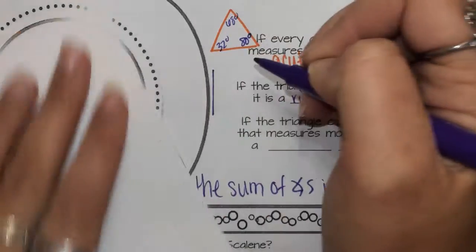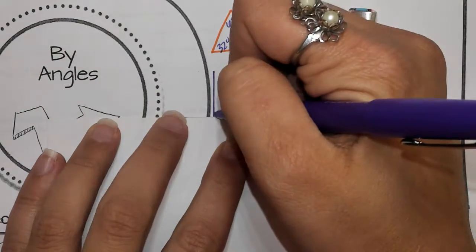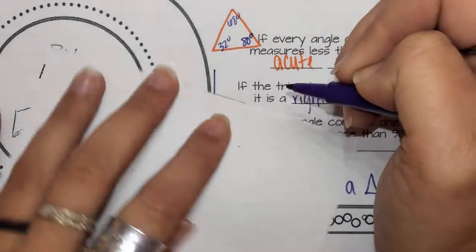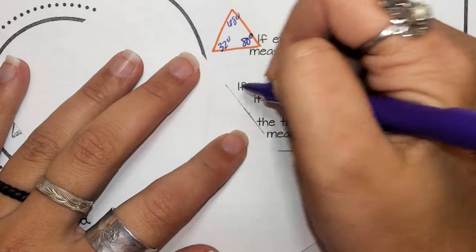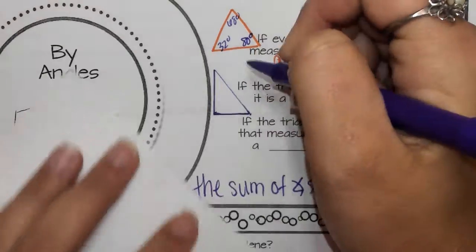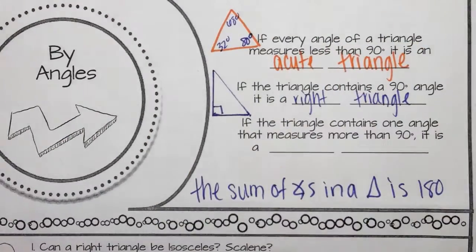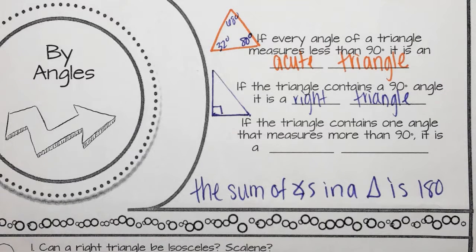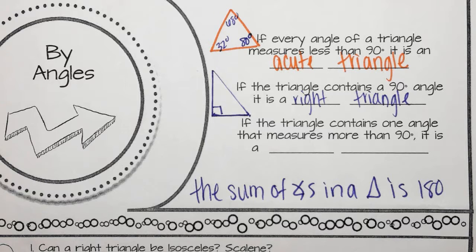All right, and why did I put that little box in my triangle? Because the sum of the other two is 90 degrees. Yes, great job. Take a point.